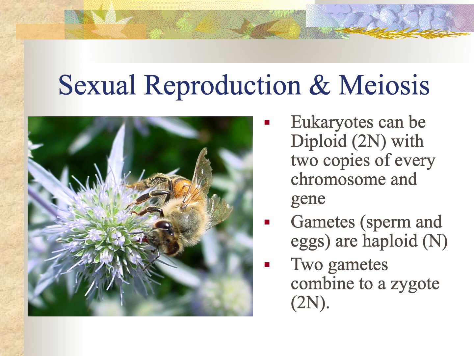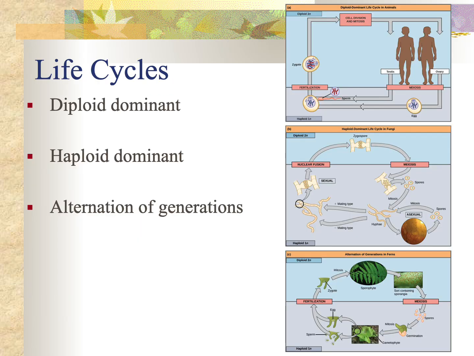Okay, and so in eukaryotes, what we have is an alternation of the life cycle between a haploid stage, which in humans and animals is very short-lived, it's just the sperm and the egg, and a diploid stage. So for us, the diploid stage is dominant and the haploid stage doesn't occur much. Okay, but in other organisms, it can be different.